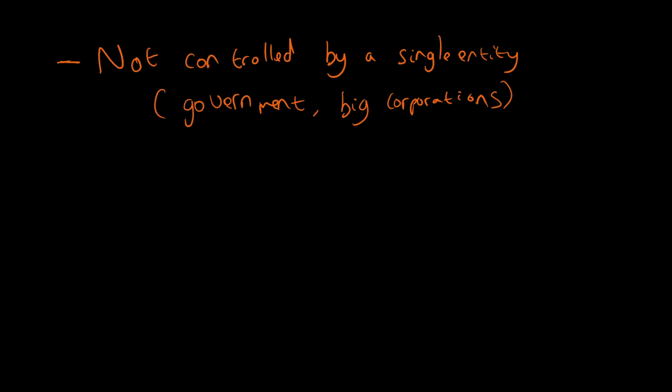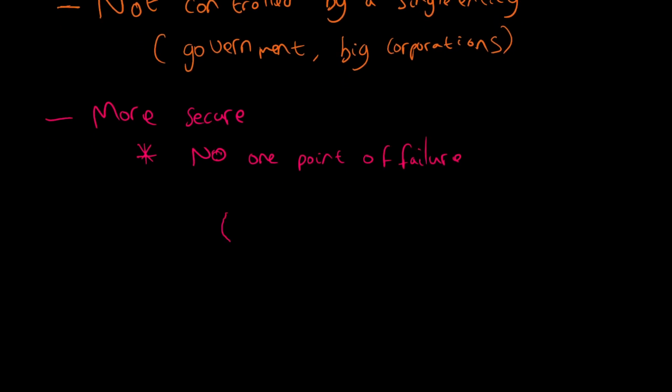and I think that is a valid reason in itself. There are plenty of other reasons, one being more secure. And the reason it is more secure, because it's not controlled by one single entity, is there's no one point of failure, whether that is a single server or a single organization.